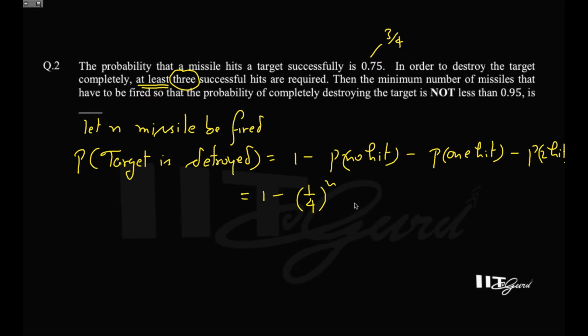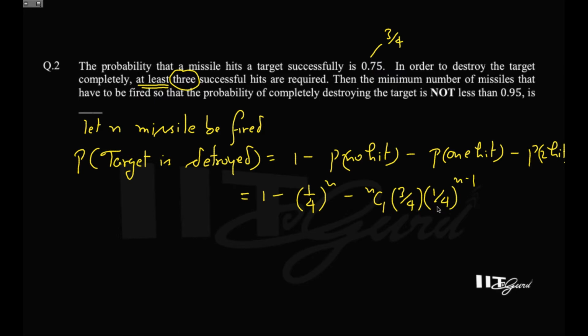Now for the probability that exactly 1 hit is there, from n any 1 hit is there, exactly 1, so that will be nC1 times 3 by 4 to the power 1, and then the rest 1 by 4 to the power n minus 1.